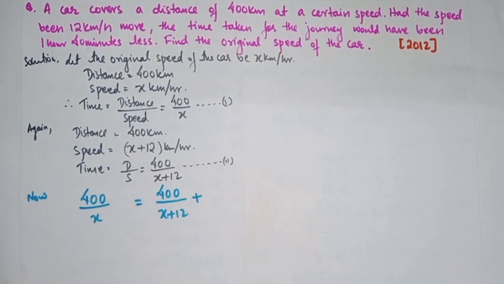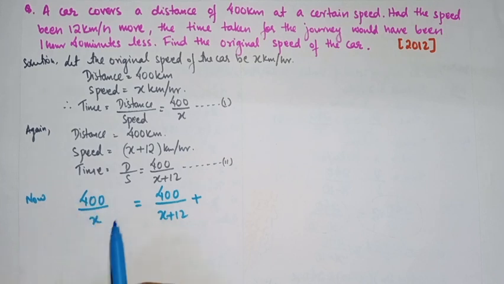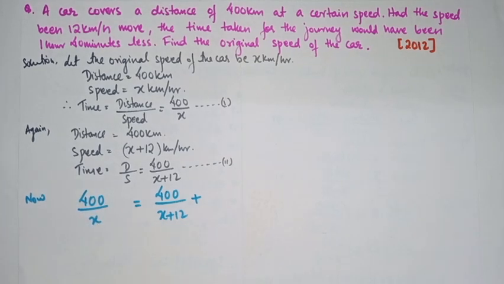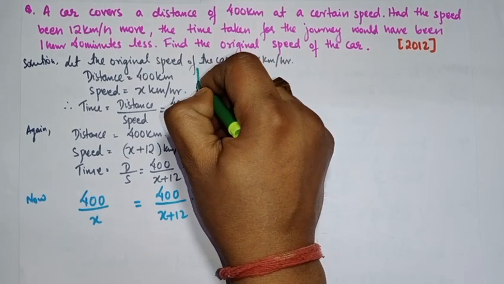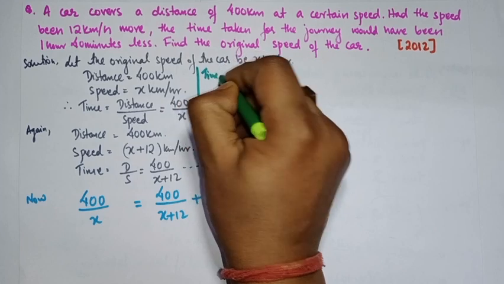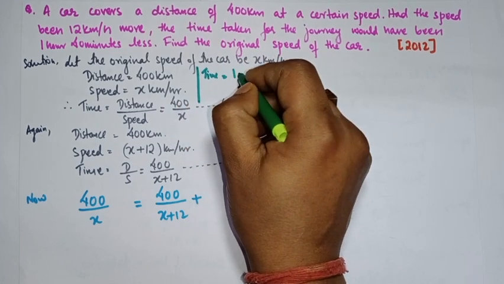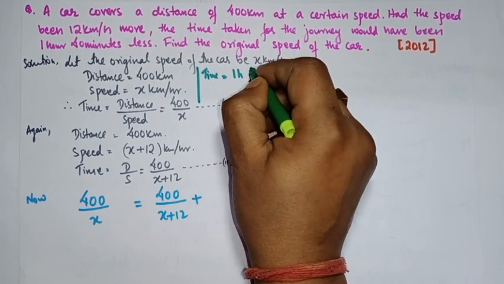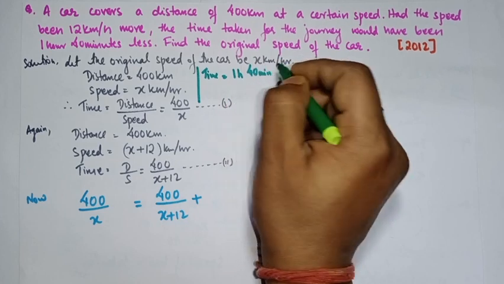So 1 hour 40 minutes is there, but the time we have got is in hours, so 1 hour 40 minutes also has to be changed into hours. I'll show you here. The time given is 1 hour 40 minutes.